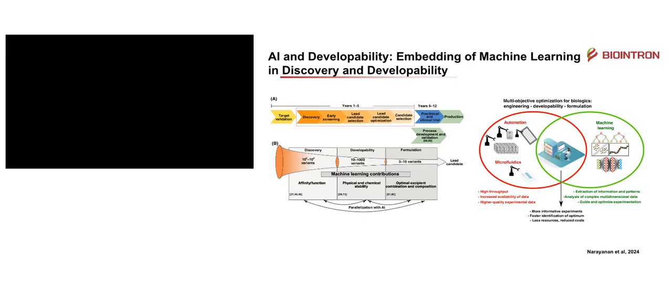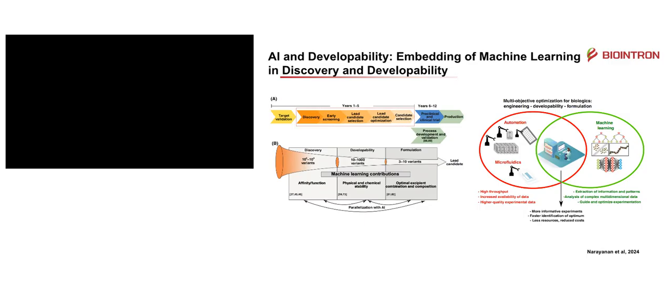And there are some applications of developability, especially in the field of AI. In this page, I'm showing that we have this progress on the left of the page: discovery, developability, and formulation. And we can have a machine learning algorithm embedded in the drug discovery process.